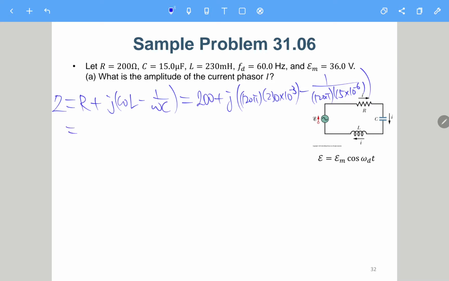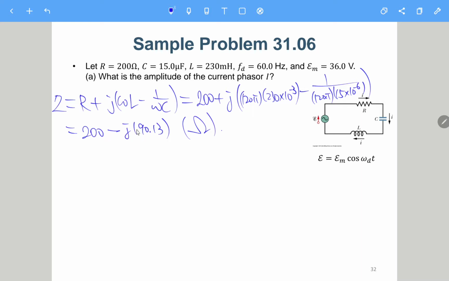Okay, so in this case, this is 200 minus J 90.13. Actually, we still use the ohm for the SI unit, even though it has the imaginary part, but still we use the ohm for the SI unit.